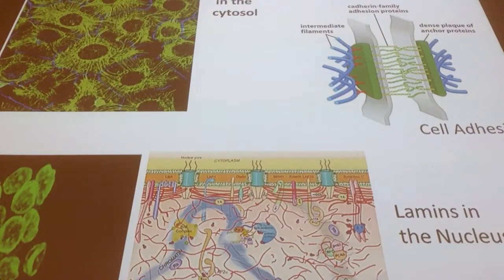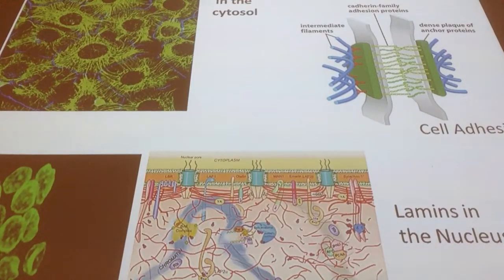So whenever a cell interacts with another cell, or with the extracellular matrix, they do that through the proteins on the non-cytosolic side of the plasma membrane. But on the cytosolic side, these proteins must be anchored somehow as well. And again, we'll talk about the details of that later on. So intermediate filaments as well as microfilaments would provide anchorage for cell adhesion.